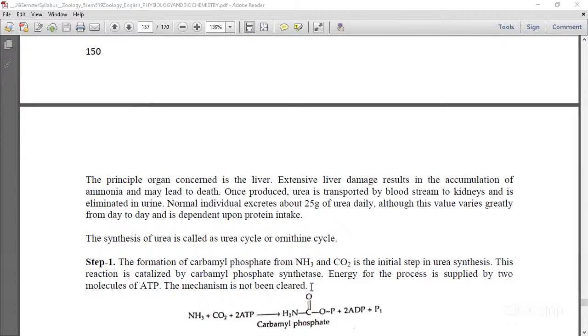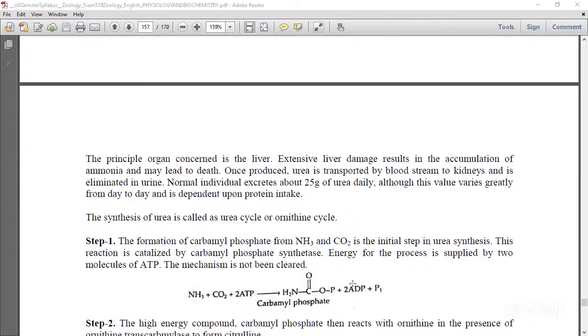The synthesis of urea is called the urea cycle or ornithine cycle. What happens in the first step of the synthesis of urea? Here is the formation of carbamyl phosphate from ammonia and CO2 as the initial step in urea synthesis.